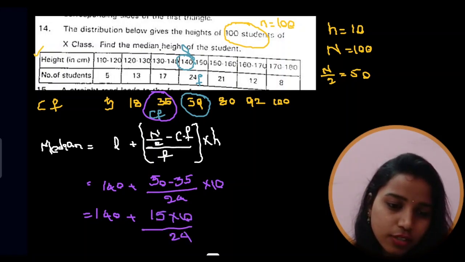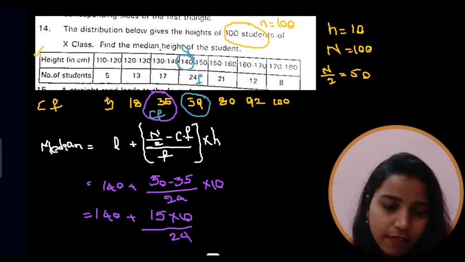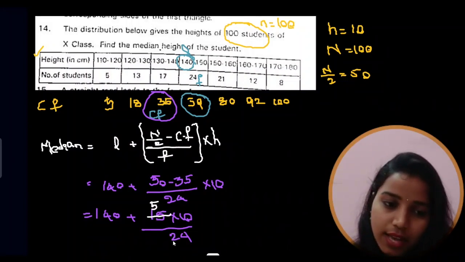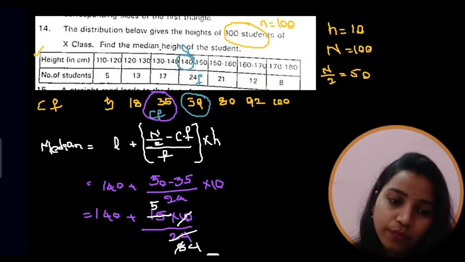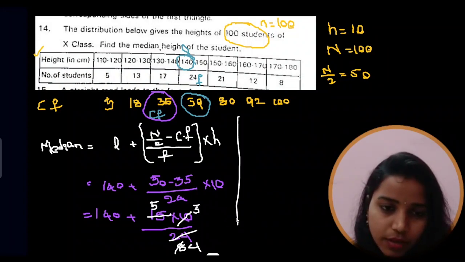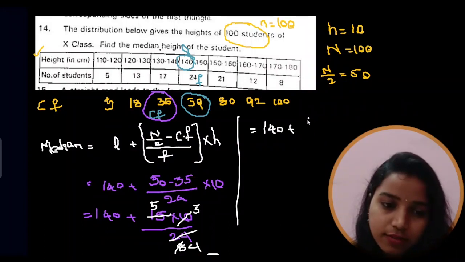Is there any cancellation? Yes, of course, we have a cancellation: 3 fives are 15, and 3 eights are 24, and 2 fives, 2 fives are 10. So we get 140 plus 25 by 4, right?